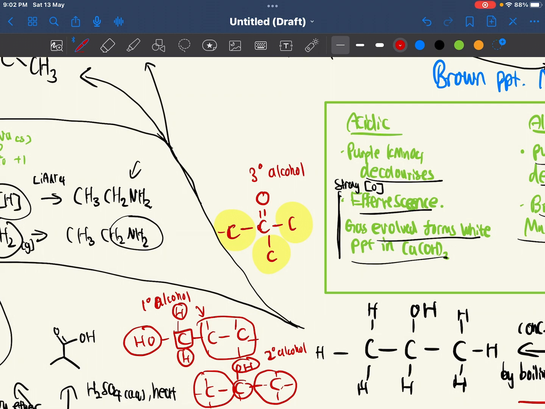Even if you want to remove an alkyl group just to form this, it's not possible. You can only remove hydrogen atoms here.